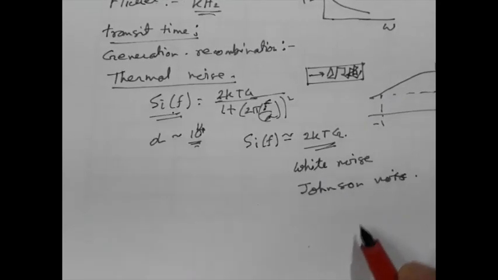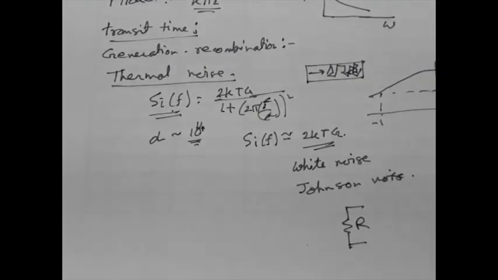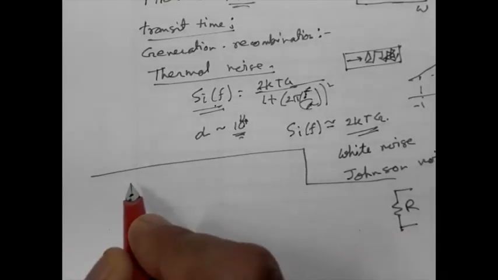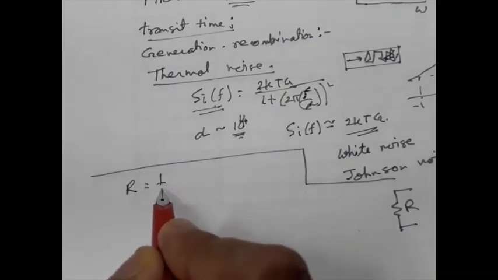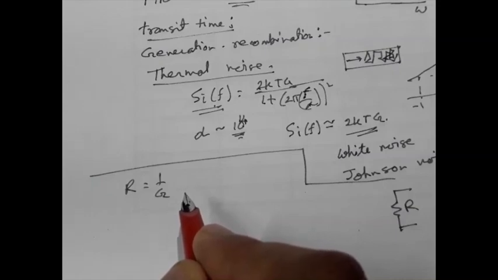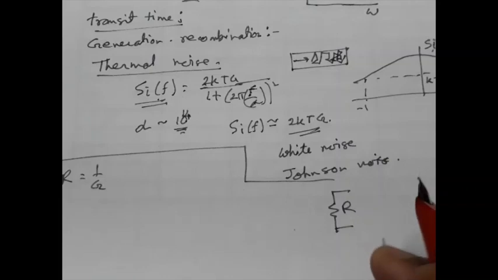Now consider just a resistor with R equal to 1 by G. If we want to model the noisy resistor, we can draw it in two ways.